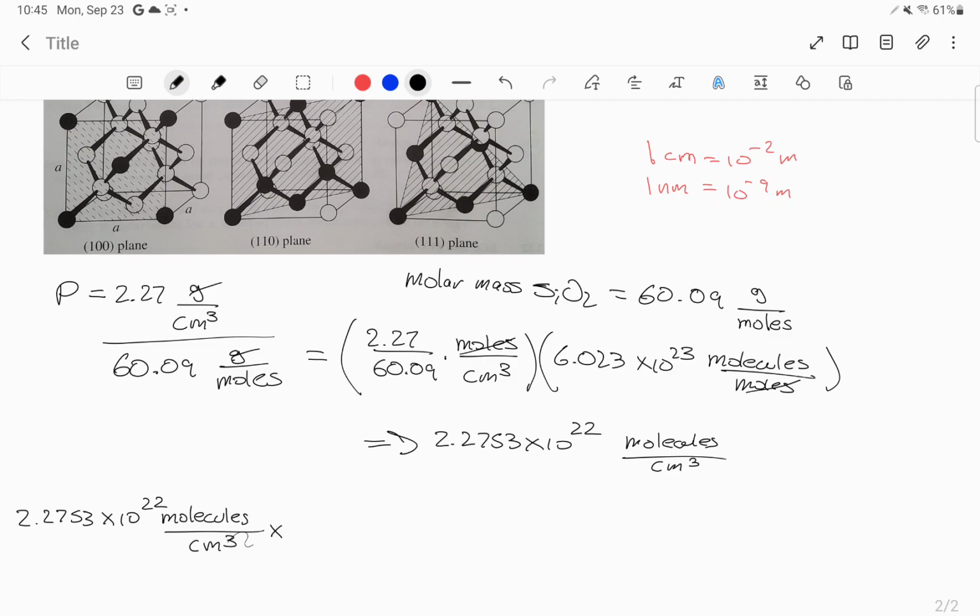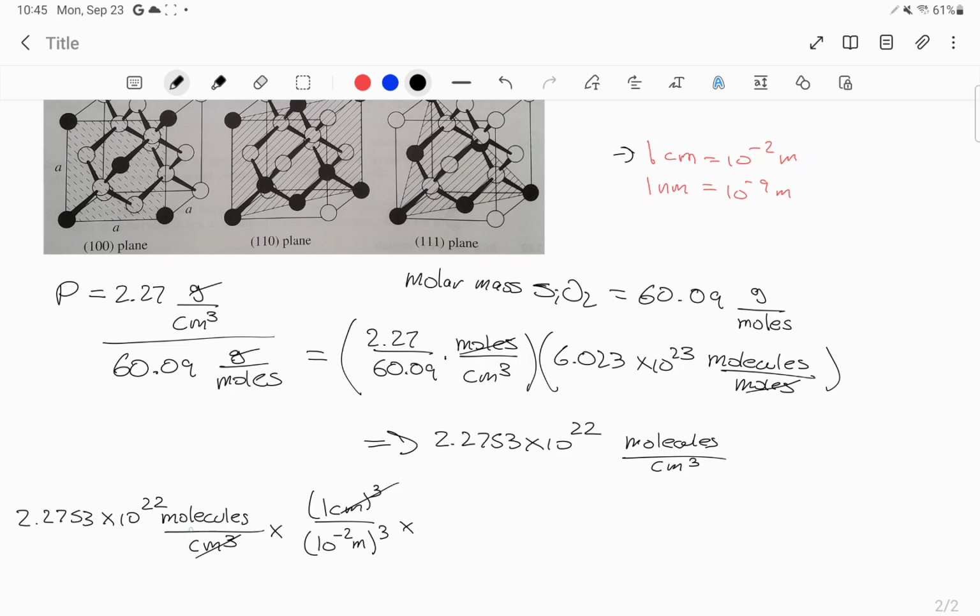So we want our centimeters to cancel out. So we're going to use this one right here, and we're going to put our centimeters on the top and our meters on the bottom. In order for these to cancel out, we're going to have to raise this to the third power. And the units here should cancel out.